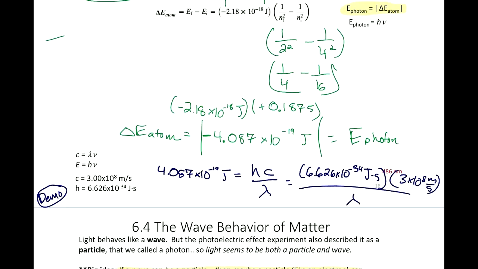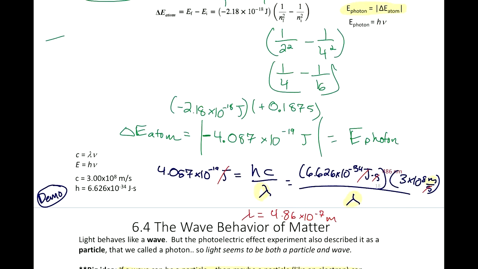We're solving for wavelength here. So looking at the units, joules cancels, seconds cancels. So you see the unit that's left is meters. So when you solve for wavelength, you get a meter amount, so 4.86 times 10 to the negative 7 meters.